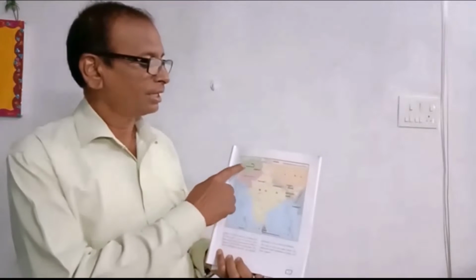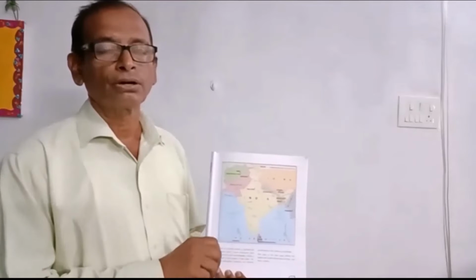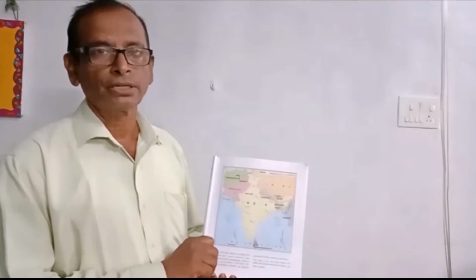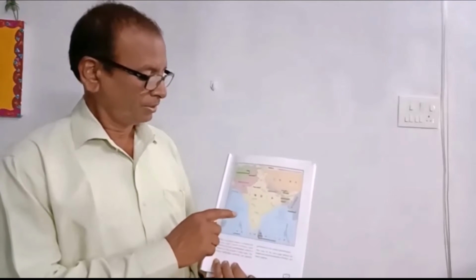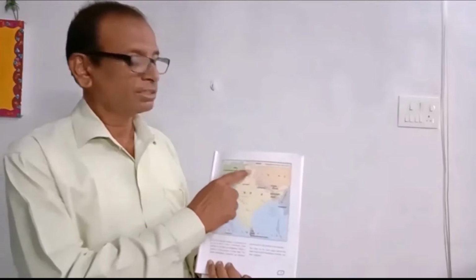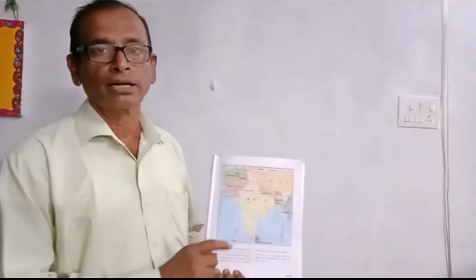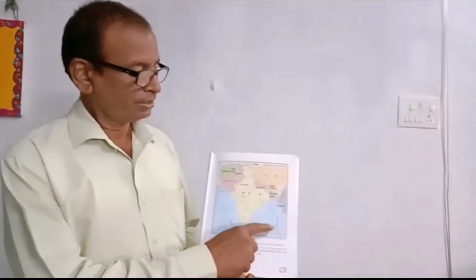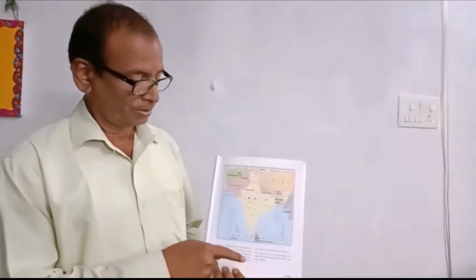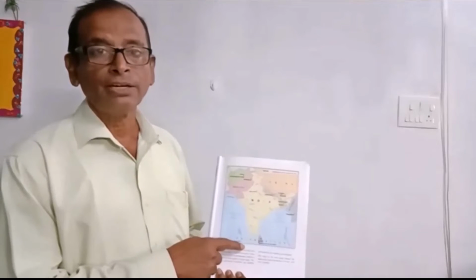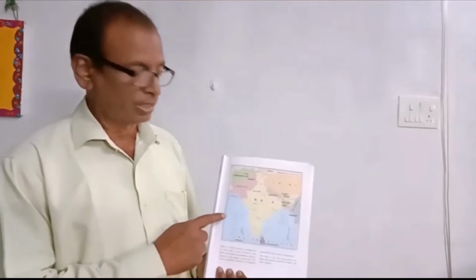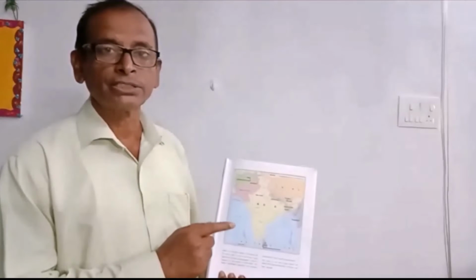These are the neighboring countries of India. What are the boundaries of India? Now you see on the northern side Himalayan mountains are there. Eastern side Bay of Bengal. Southern side Indian Ocean. Western side Arabian Sea is there.